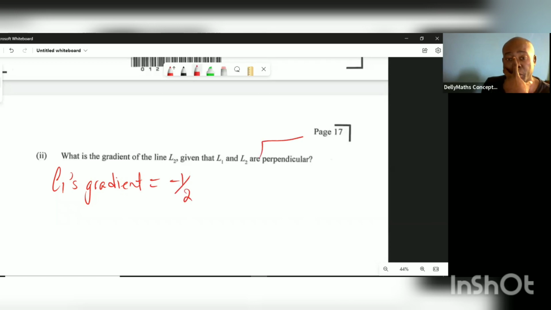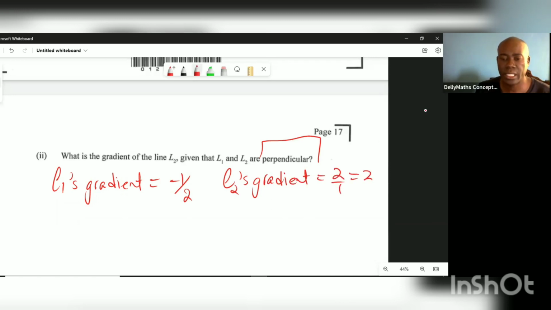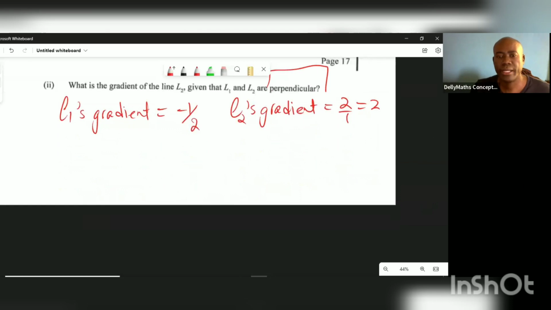The relationship between 2 perpendicular lines is that one gradient is the negative reciprocal of the other, which means turn it upside down and change the sign. So L2's gradient is equal to +2 over 1, which is just +2. So as you could see, the reciprocal and changing the sign. So L2's gradient is 2 right there.